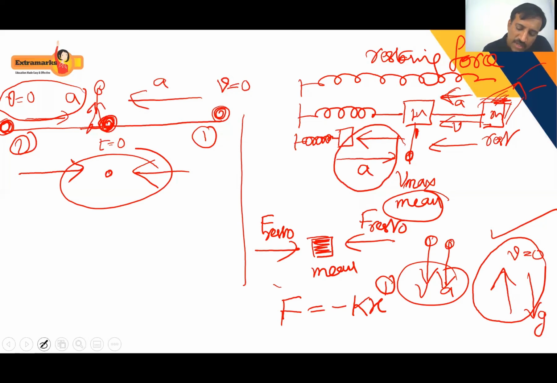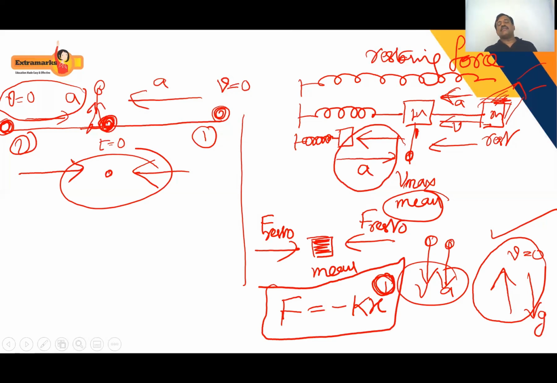This one decides this one. If x power 1 is there, that only decides by saying that I am in simple harmonic motion. So the body which is in simple harmonic motion can also be called a simple harmonic oscillator.